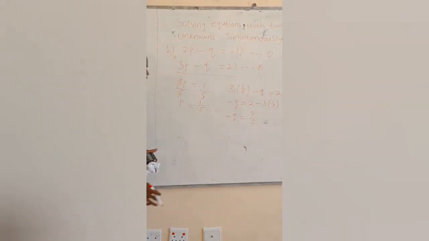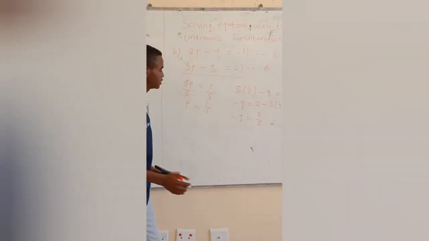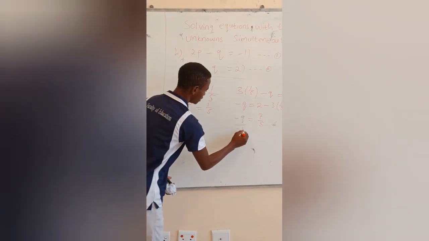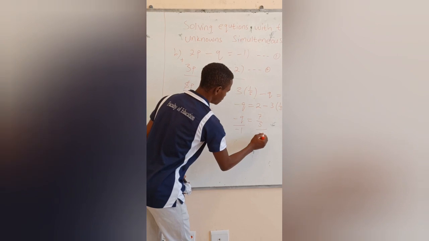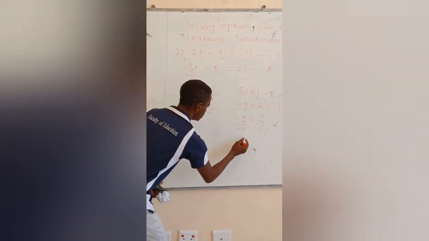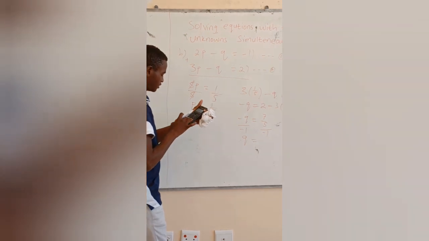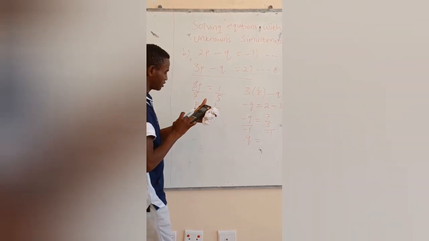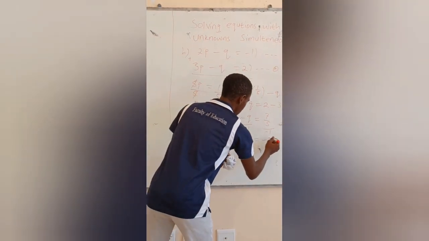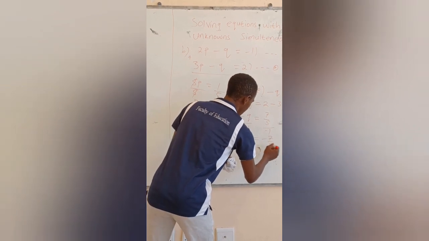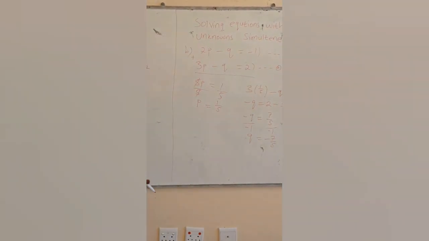So there is a negative still, so you have to make q positive. You simply divide by negative 1, and here also divide by negative 1. Then here you will be left with positive q, equal to negative 7 over 5. So these are your answers.